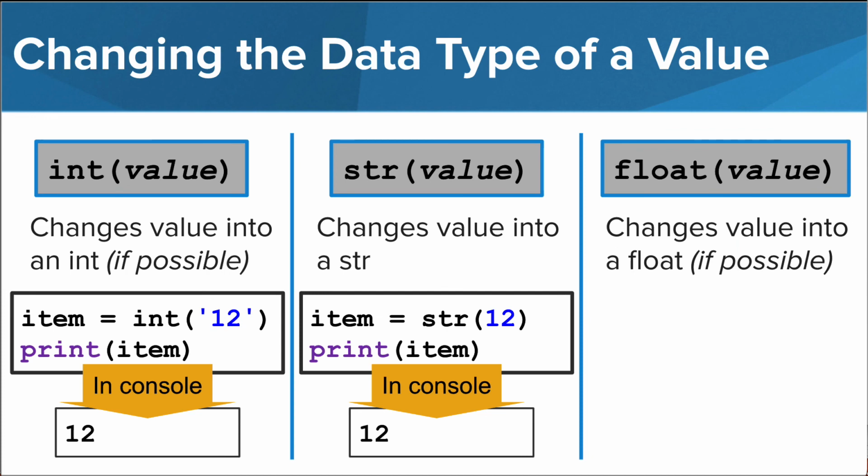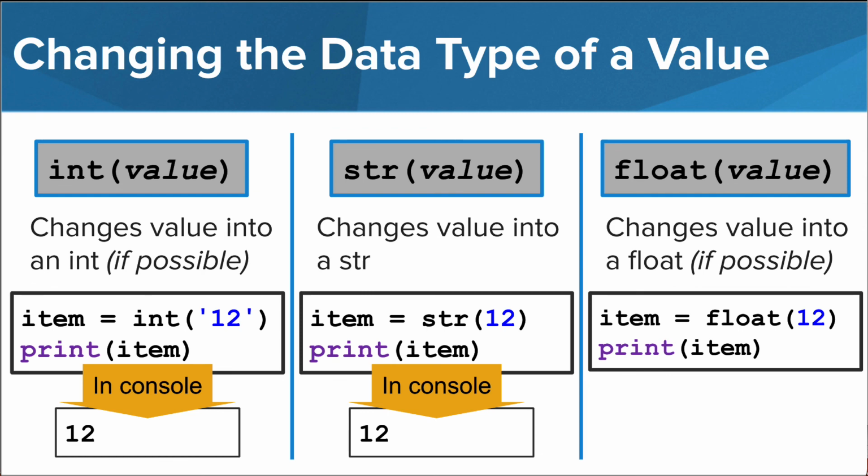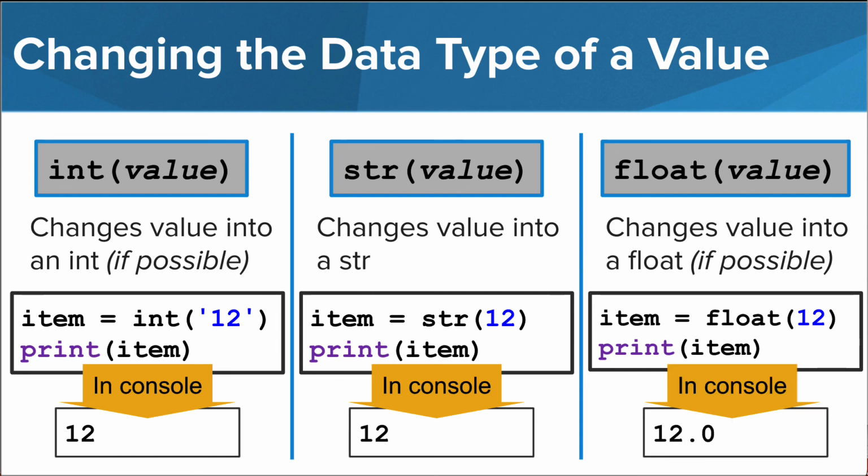The last thing we can do is use the float command to turn a value into a float, as long as it is possible, meaning it needs to be a number of some sort. If we take our number 12 and turn it into a float, when we print it, we will see that it has been given a decimal point value.